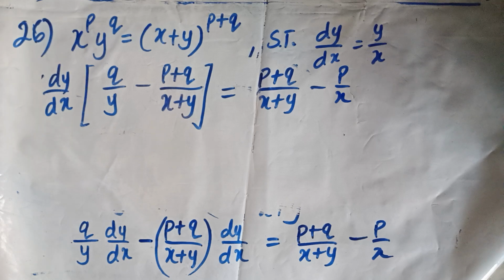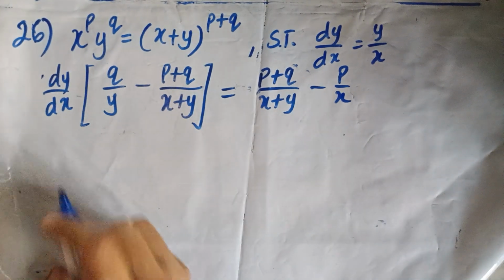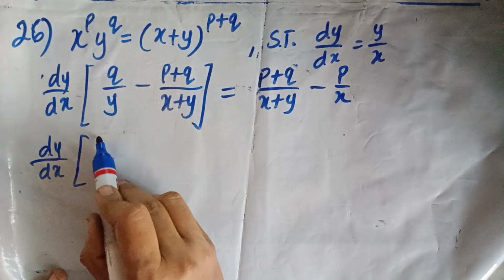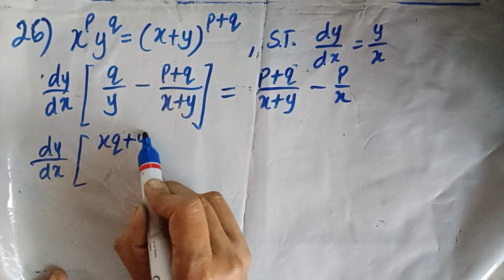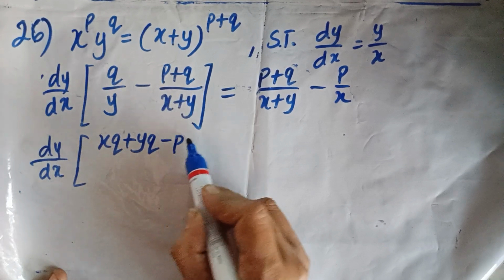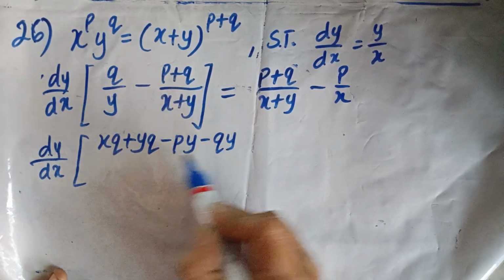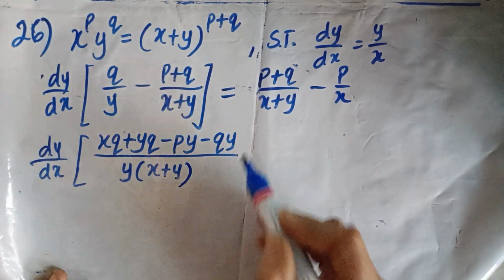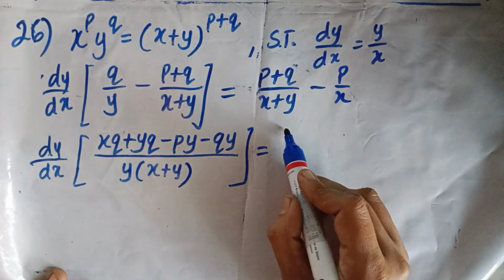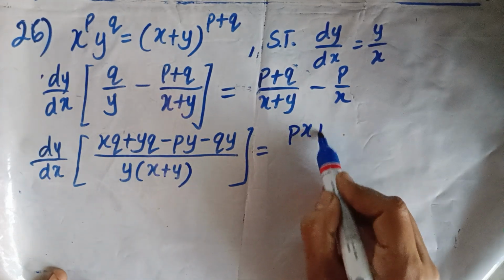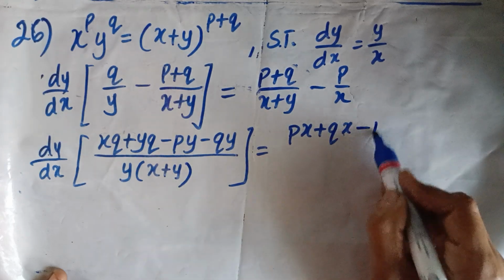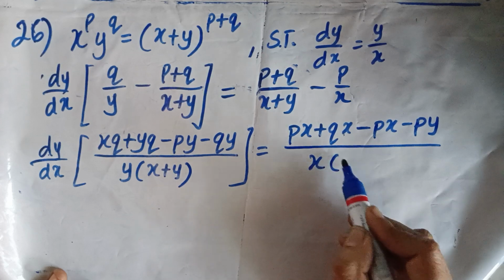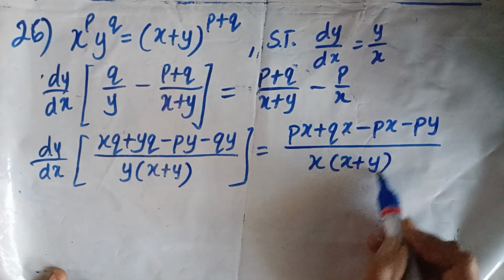Okay, so multiply, you'll get yq minus qy, x into x plus y.